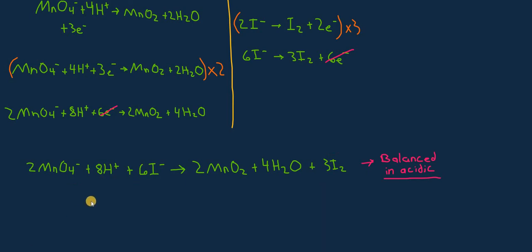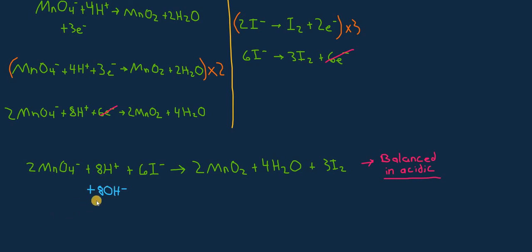So to balance in basic conditions, you'll take the side that has the H+ on it, and you're going to neutralize that by adding 8 OH- ions. Remember that OH- and H+ make water when they're put together. So when you add these two things together, they'll make 8 water molecules, neutralizing it.